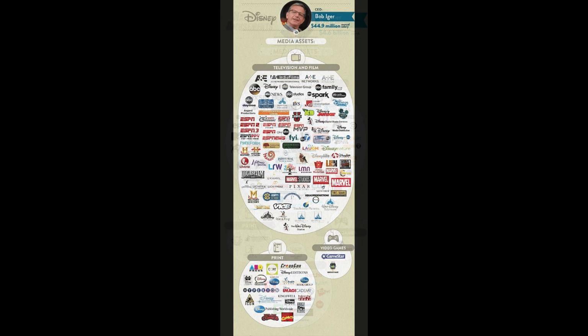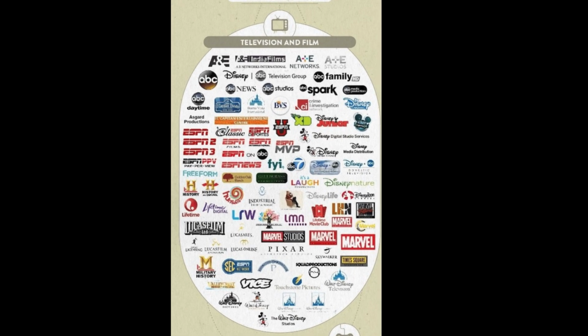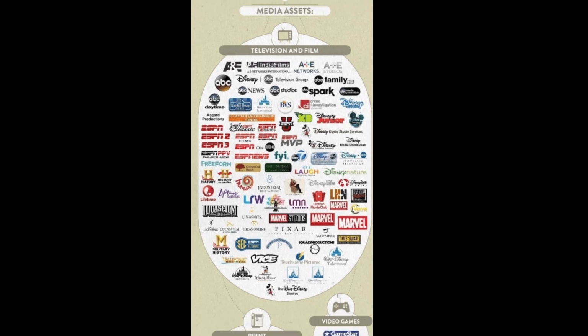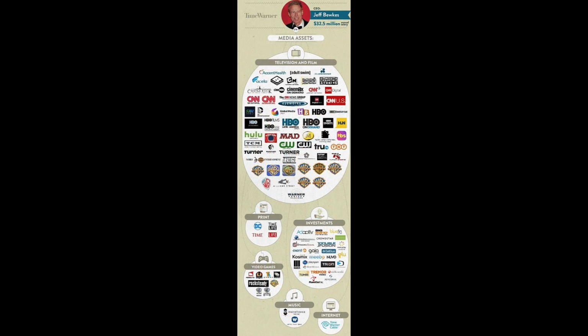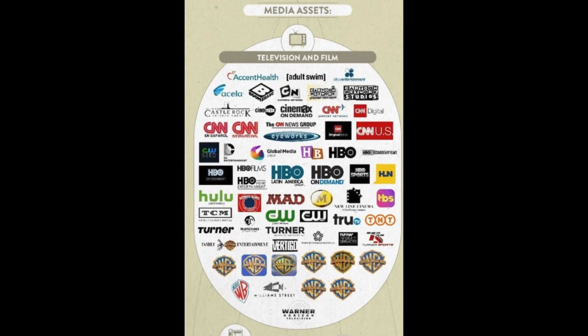Moving over to Disney. Disney owns A&E, ABC, ESPN, History Channel, Marvel Studios, Lucasfilm, all kinds of assets are owned by Disney. We can look at Time Warner, which owns CNN, obviously Warner Brothers Studios, HBO, Hulu.